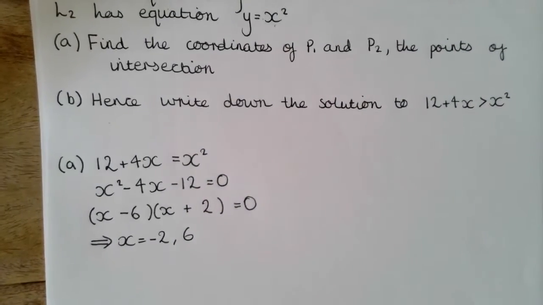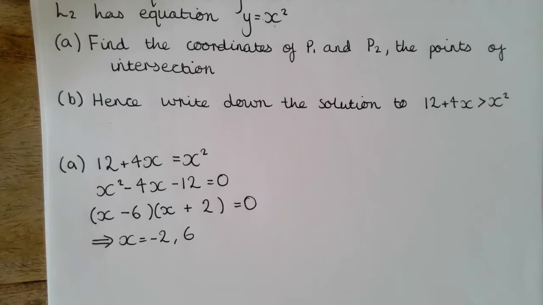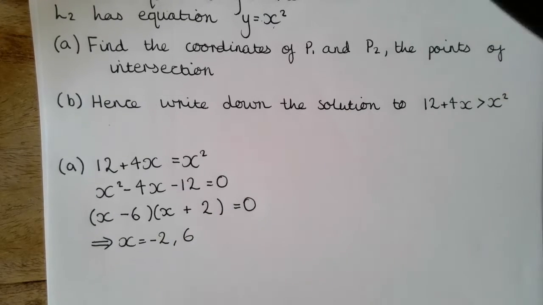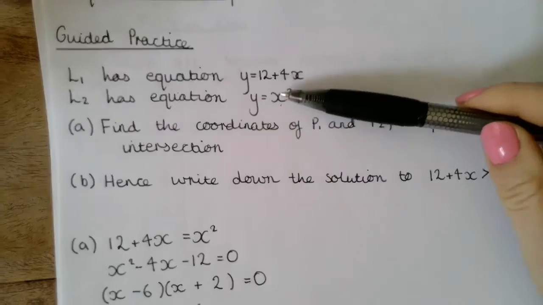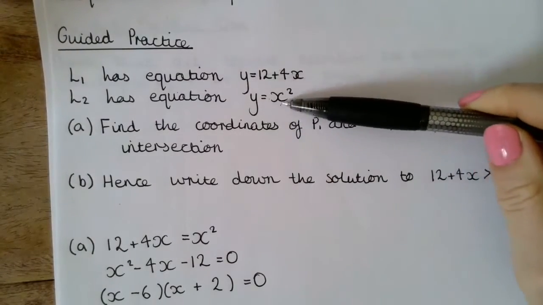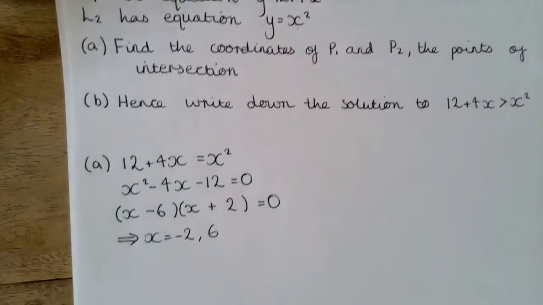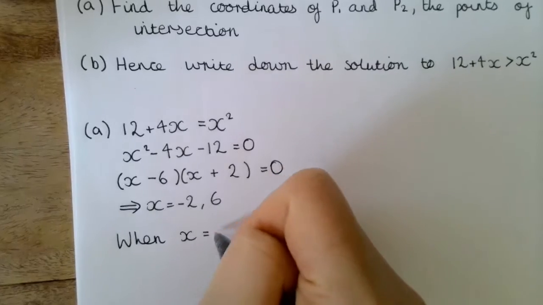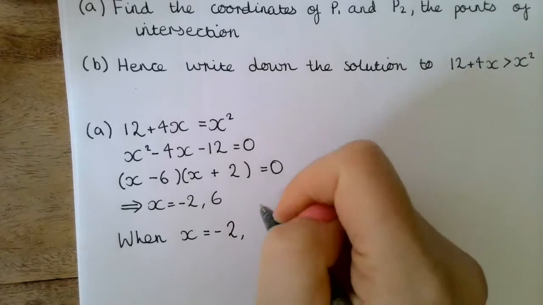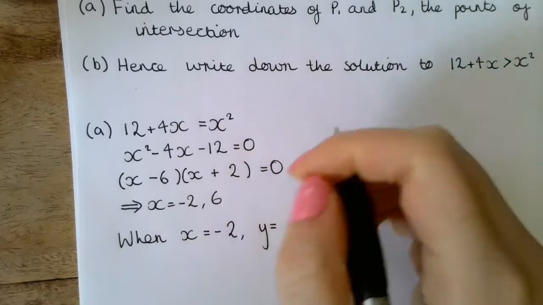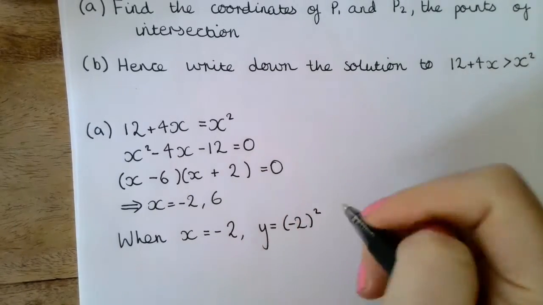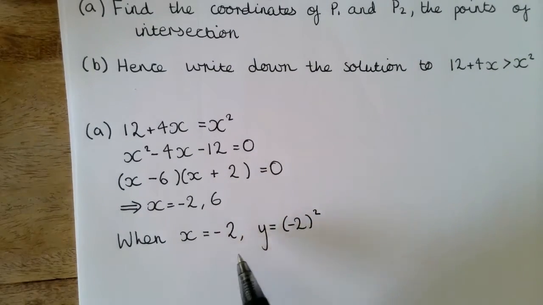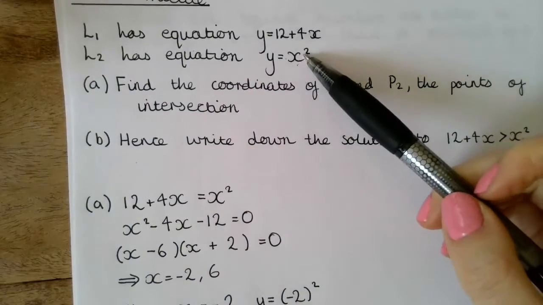So I've got my two x values for P1 and P2 and now need to find my y values. So I'm just going to substitute these x values into either one of these equations. I'm going to substitute it into the bottom one just because it will be quicker. So when x equals negative 2, y equals negative 2 squared. So I'm substituting x equals negative 2 into y equals x squared.